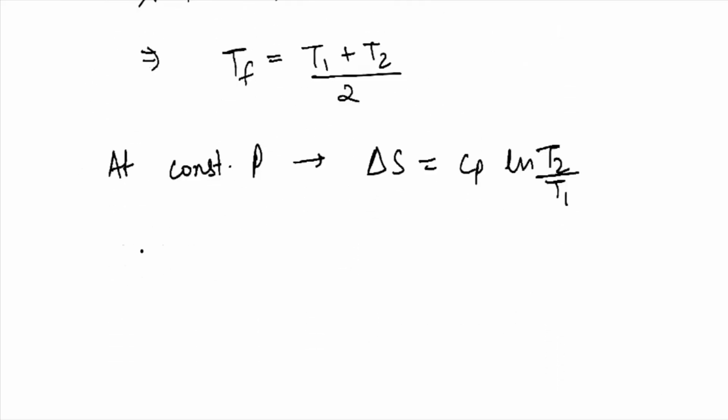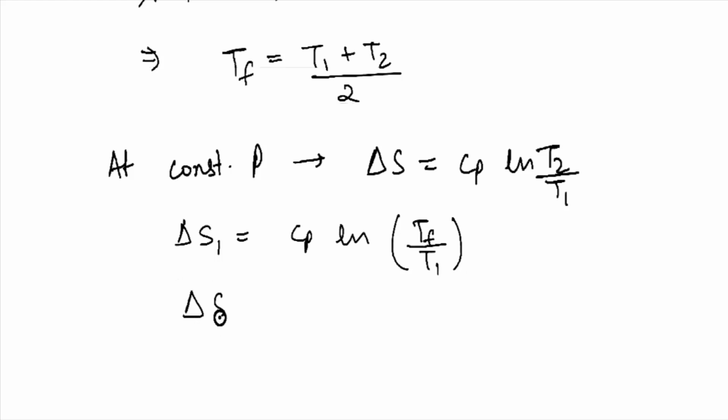So the change in entropy of the first block, delta S1, is equal to Cp ln (Tf by T1), and the change in entropy of the second block, delta S2, is equal to Cp ln (Tf by T2).